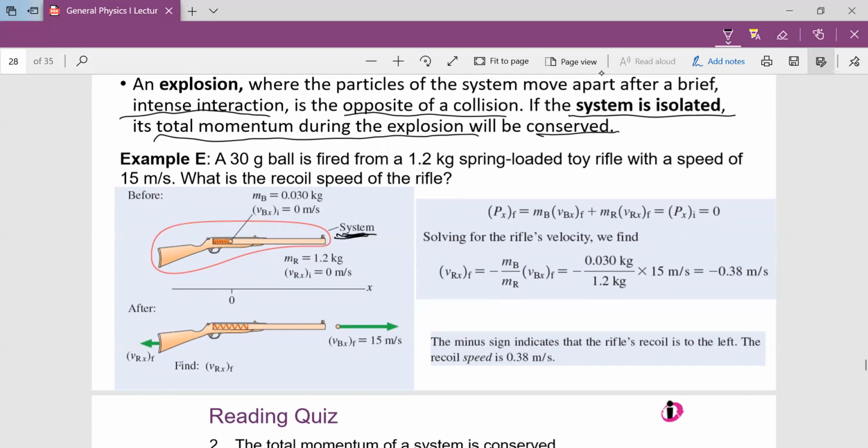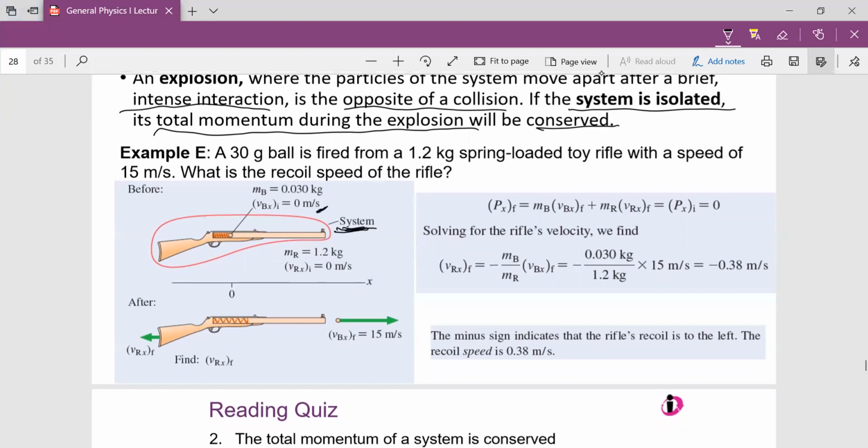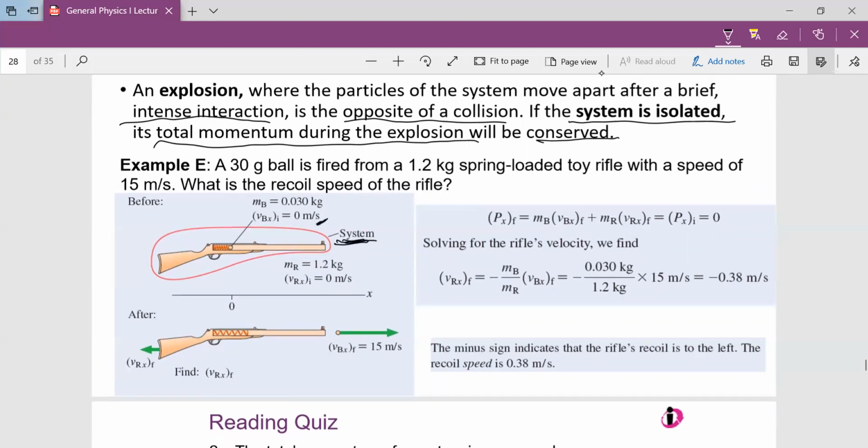So we bring out the symbols, then the parameters given. From the question, they gave us the mass of the ball to be 30 grams, so we converted that to kilograms. And then they gave us the mass of the rifle, 1.2 kg.